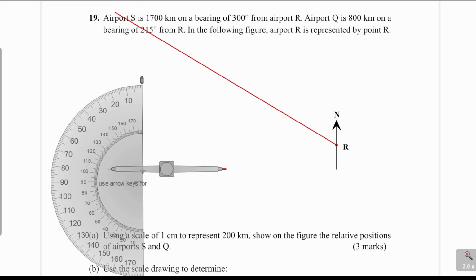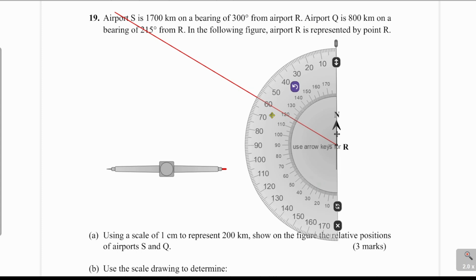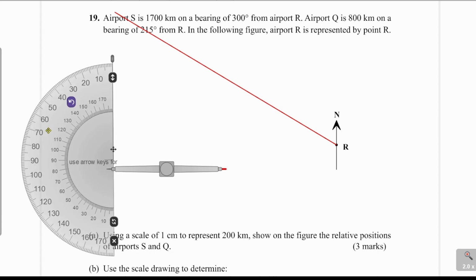You can confirm by placing it there. Yes, indeed, you can see it is 60 degrees. So that is how you measure 300 degrees from airport R.